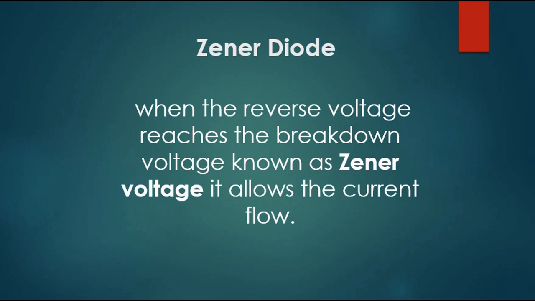It is when the reverse voltage reaches the breakdown, the maximum breakdown of the voltage. That is where it is called a Zener diode. Then it allows the current to flow through it, and that is how Zener diodes work.